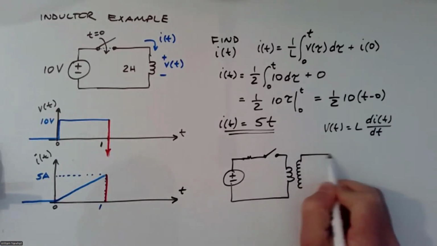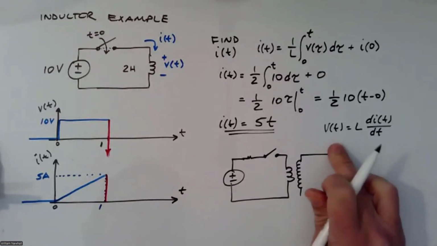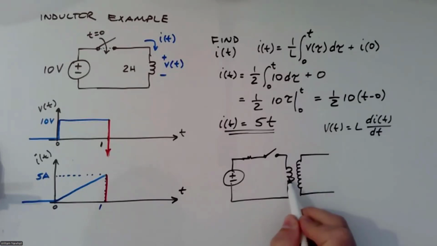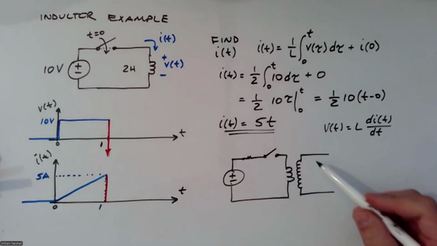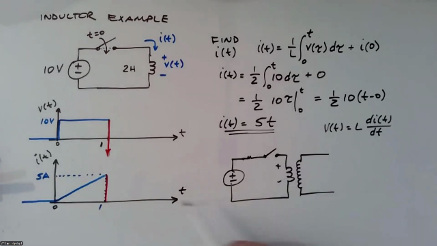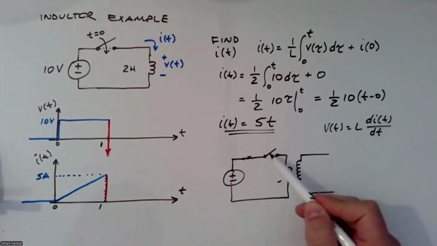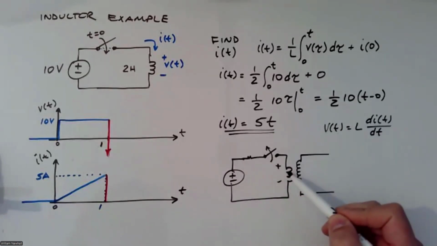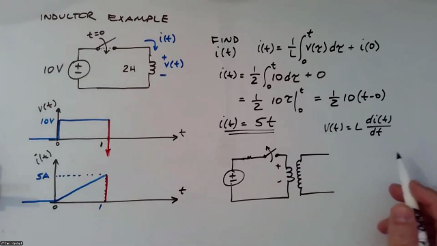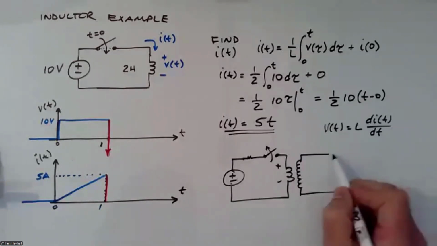We're not going to talk about transformers, but you can probably get the idea. If I have a turns ratio of many turns on the right and few turns on the left, I can actually step up the voltage. So as I got this big negative voltage when I opened the switch here, I'm going to even step up that voltage with this transformer.